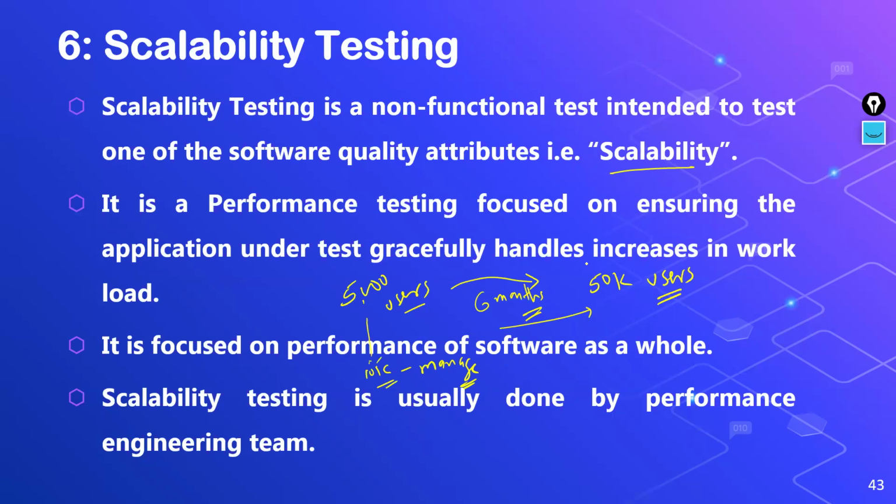Because ultimately your application is a combination of a front end, a database, and some hardware as well. Now the front end is okay, but you have to make some changes in the database and some changes in the hardware.